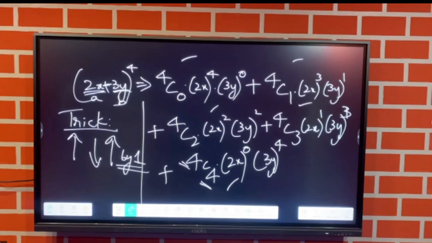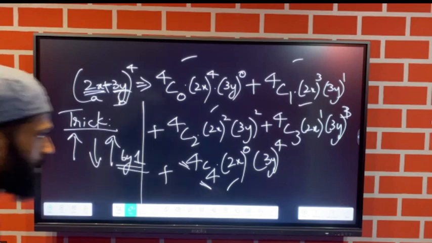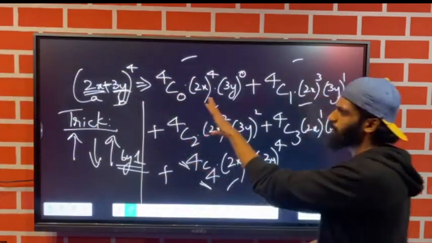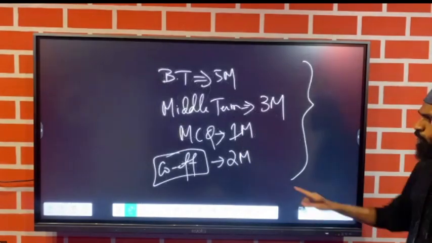Done. Now first I teach how to solve combination questions, and then we'll solve an easier question based on this. Then we'll move on to coefficient.